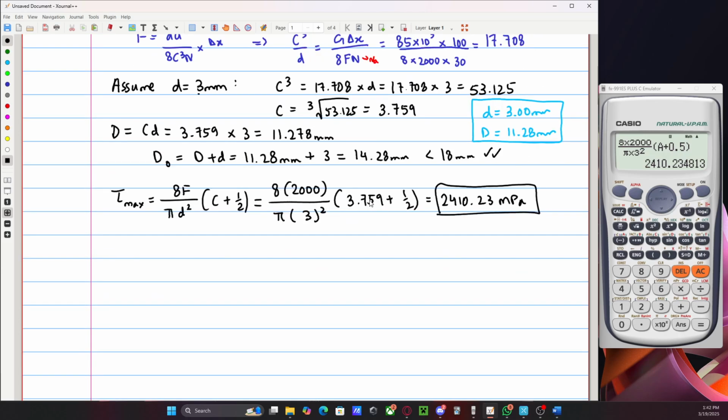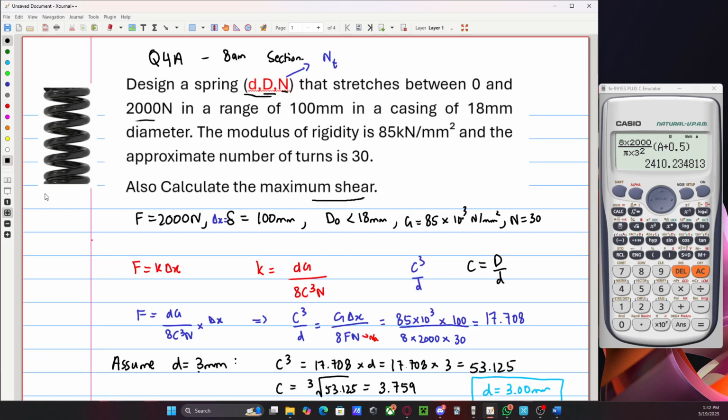Now we need to work out our N. Now if you look, we were given this. This is approximately what we were given in the picture. Now you'll notice this is a closed squared end, right? And the way we calculate this is, I believe, it's n plus 2, right? So squared and ground ends.